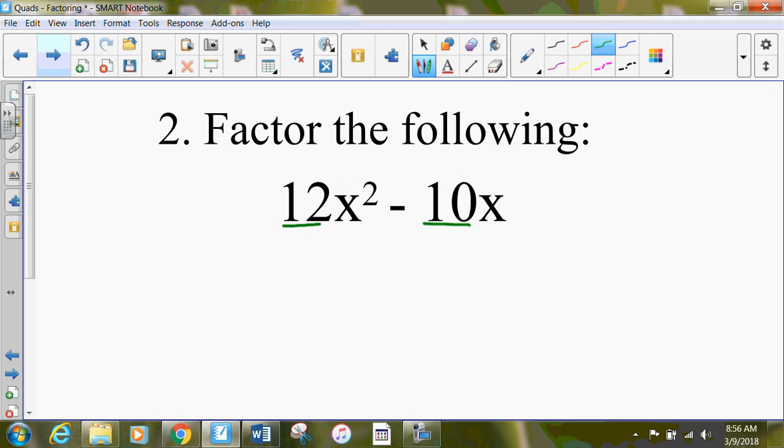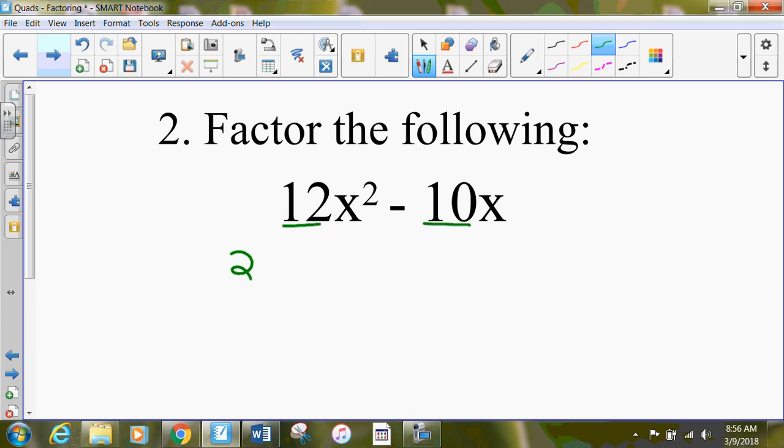So let's think about it. Factors of 12, let's see. Obviously 1, but we're not going to include 1. 2 goes into 12, and 3 goes into 12, and 4 goes into 12, and 6 goes into 12, and 12 goes into 12. That's a lot of numbers that go into 12. 10, only 2 goes in, 5, and 10. All right, did you notice what's the biggest number that goes into both? Just 2. That's all I can pull out there.